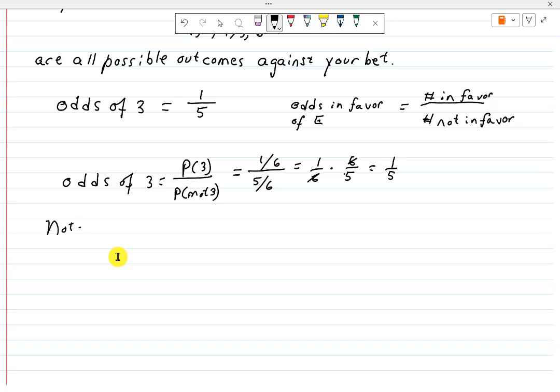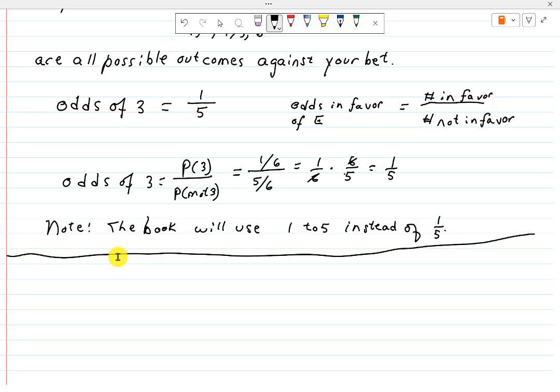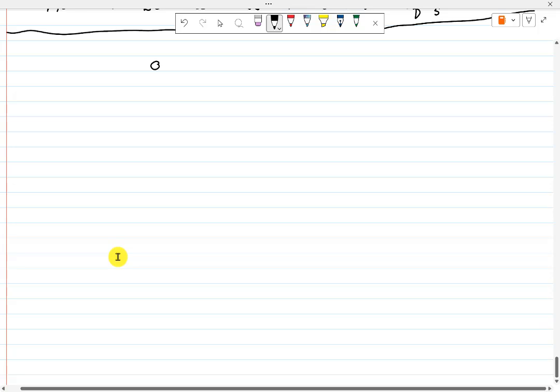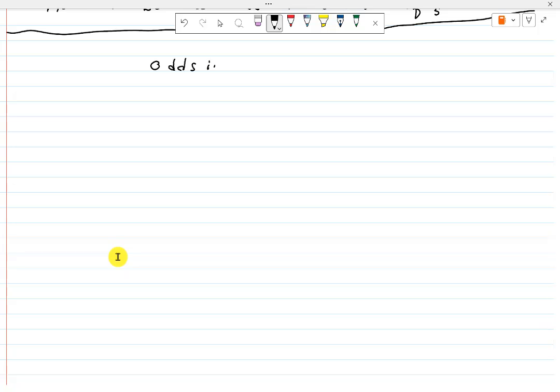Note the book will use 1 to 5 instead. So the general formula: odds in favor of an event E look like the following.